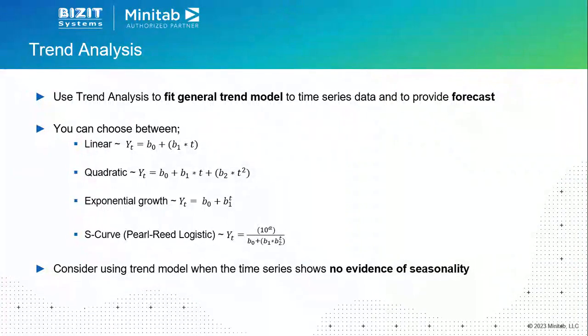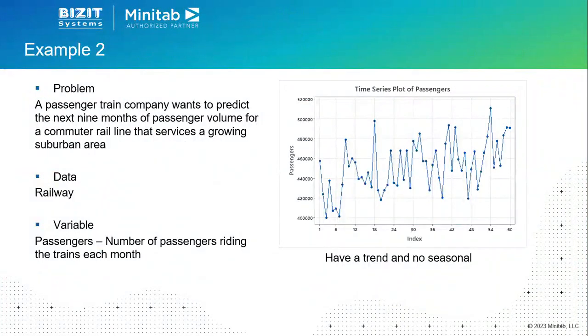We try this with one simple case study here. A passenger train company wants to predict the next 9 months of the passenger volume for a commuter rail line that services a growing suburban area. So we use the railway data, and the variable I collected is the passenger, the number of passengers riding the train each month.